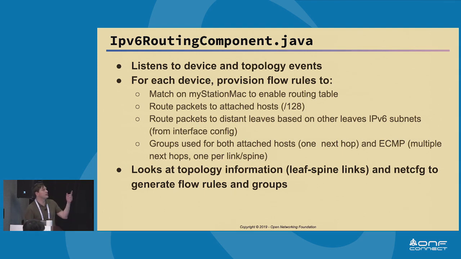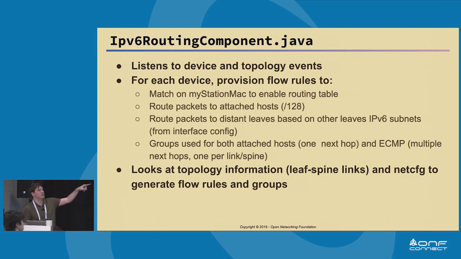For example, this is the component that installs the flow rules that match on the MyStation MAC defined in the netcfg file to enable the routing table. This is the component that installs flow rules to route packets to the attached hosts, and also installs the flow rules to route packets to distant leaves.